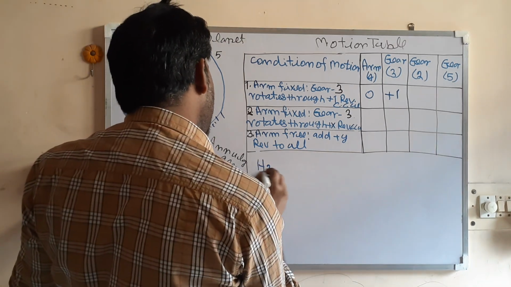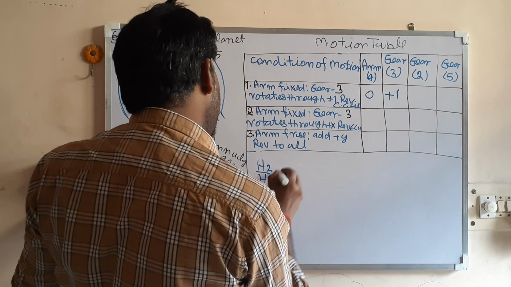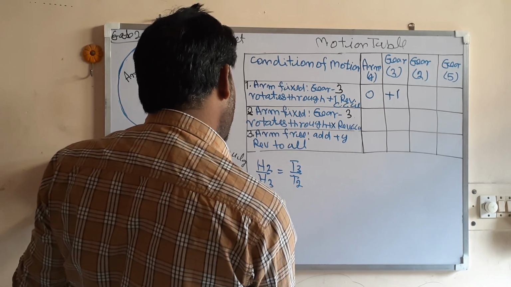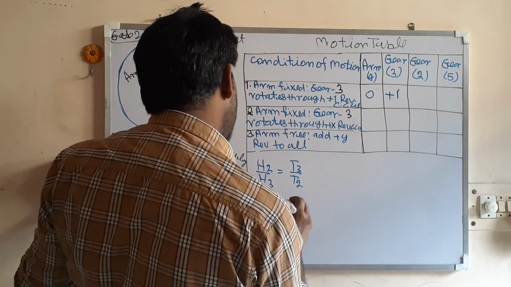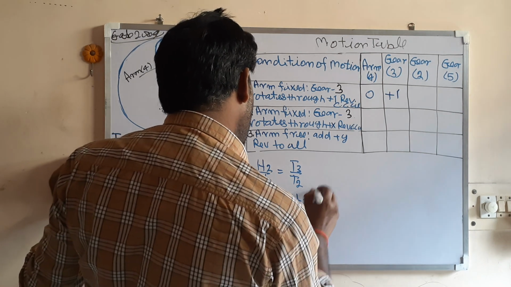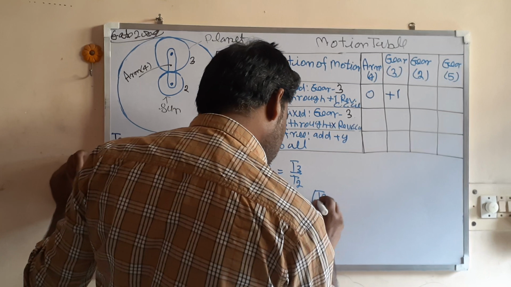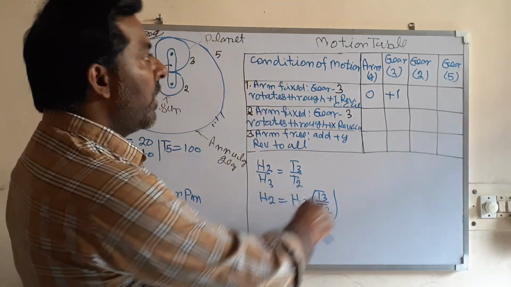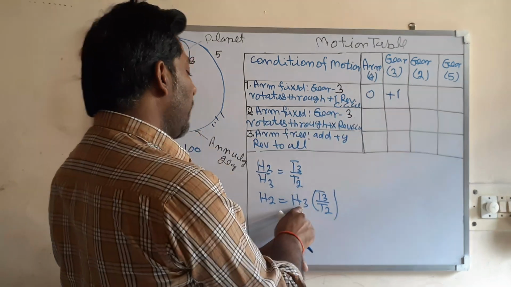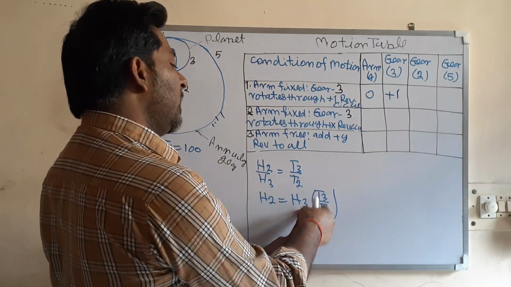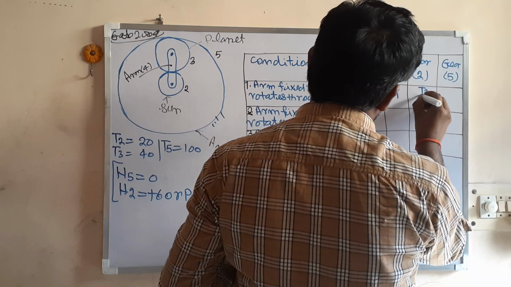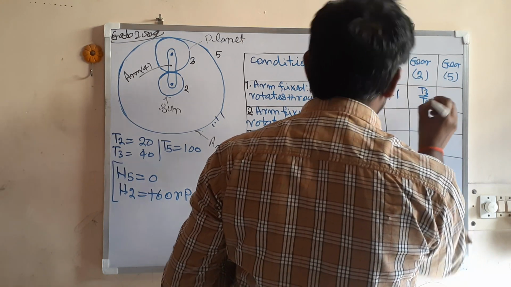From the kinematic relation, N2 divided by N3 is equal to T3 divided by T2. So N2 is equal to N3 times T3 divided by T2. When the speed of gear 3 is 1, the speed of gear 2 will be T3 divided by T2.